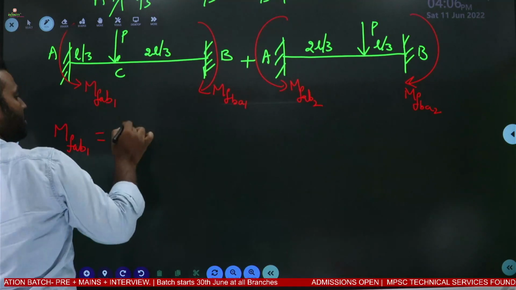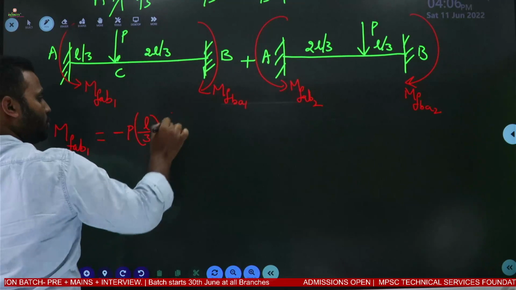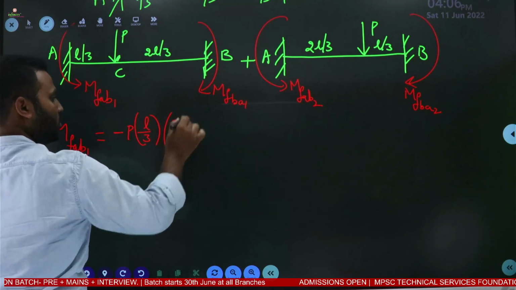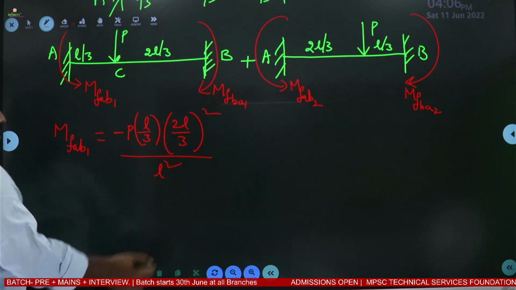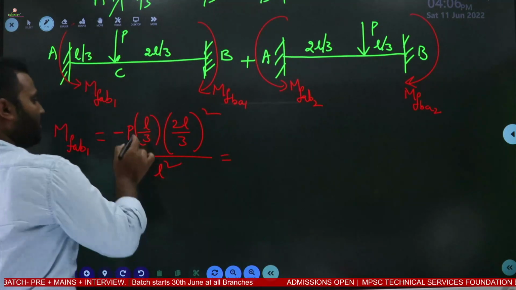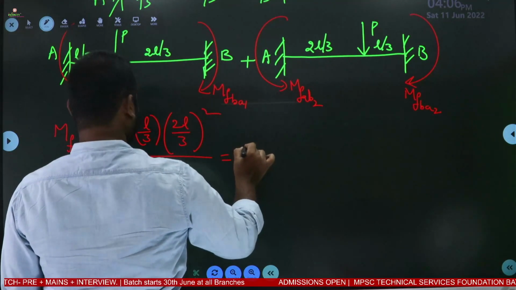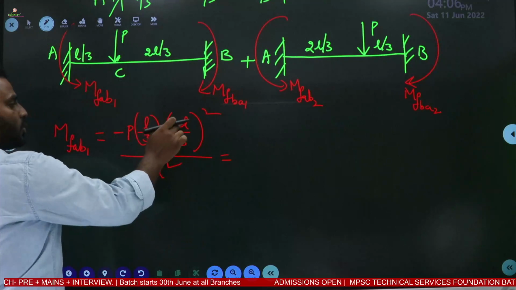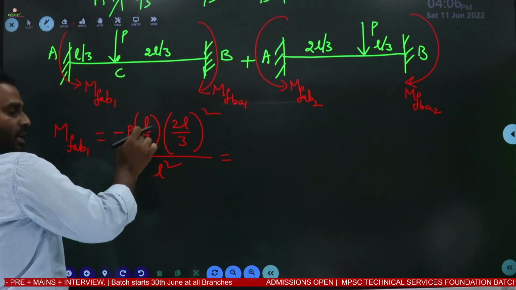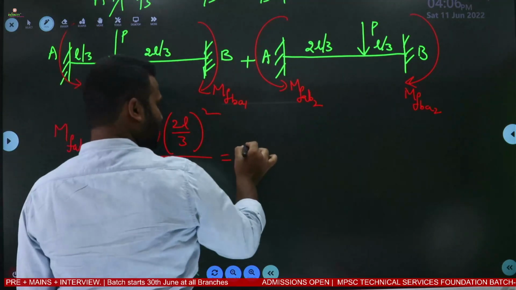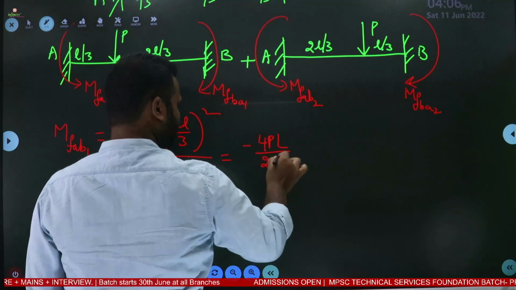So W is P here, A is L by 3, into 2L by 3 whole square, divided by L square. Now please simplify it. So L by 3 is there, and 2L by 3 whole square means 4 and 9. 9 into 3 is 27, and here L square will get cancelled. So here we'll get 4PL upon 27.